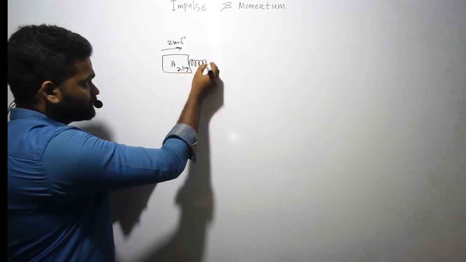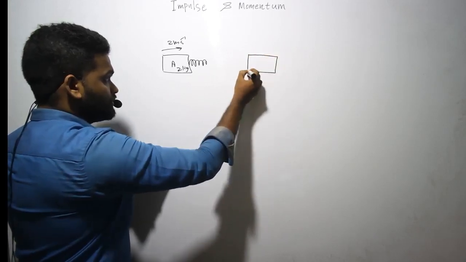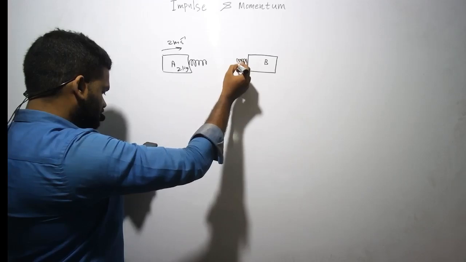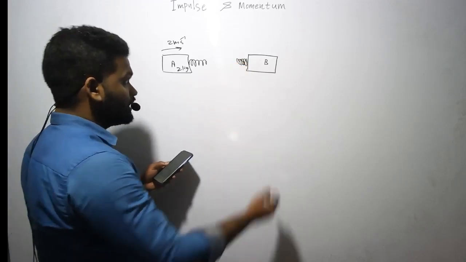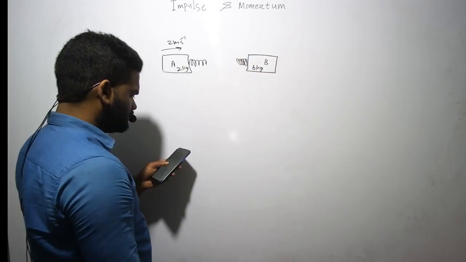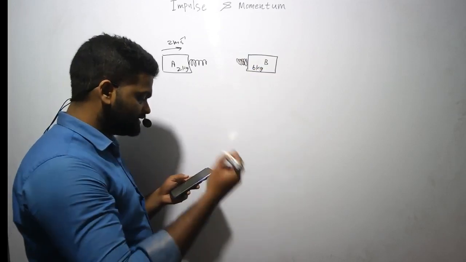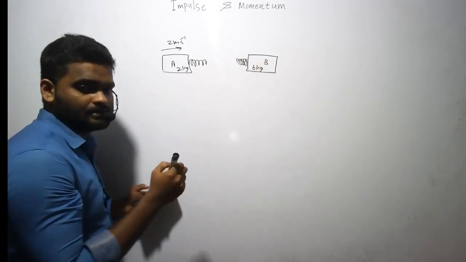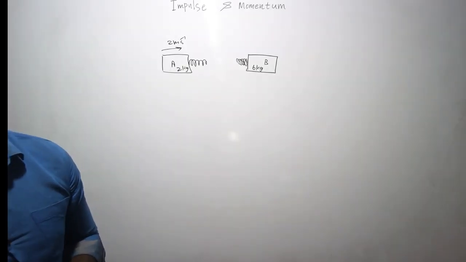There's a spring here, and then you have B, with a weightless, massless spring. And this has 6 kilogram. What is the maximum energy that the springs can attain? Meaning can store, right? This one is at rest, right? They haven't mentioned a speed, so it is at rest, right?